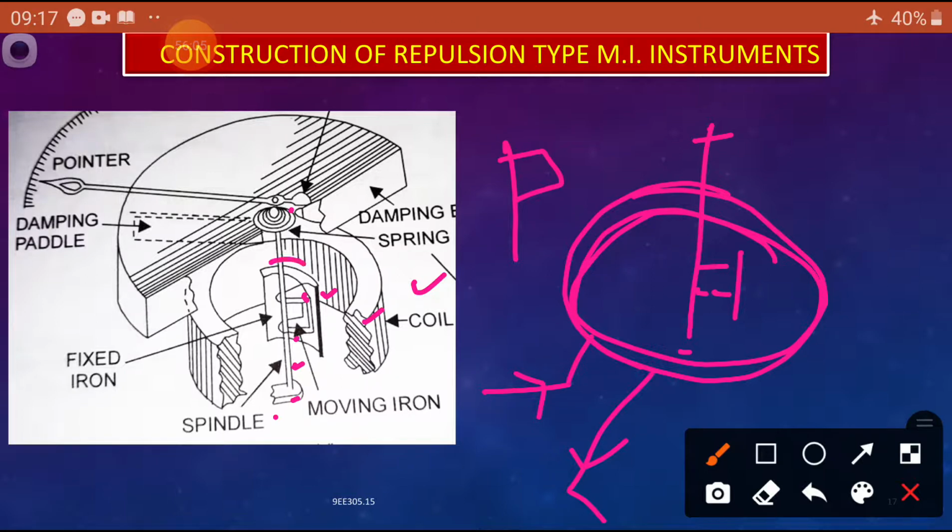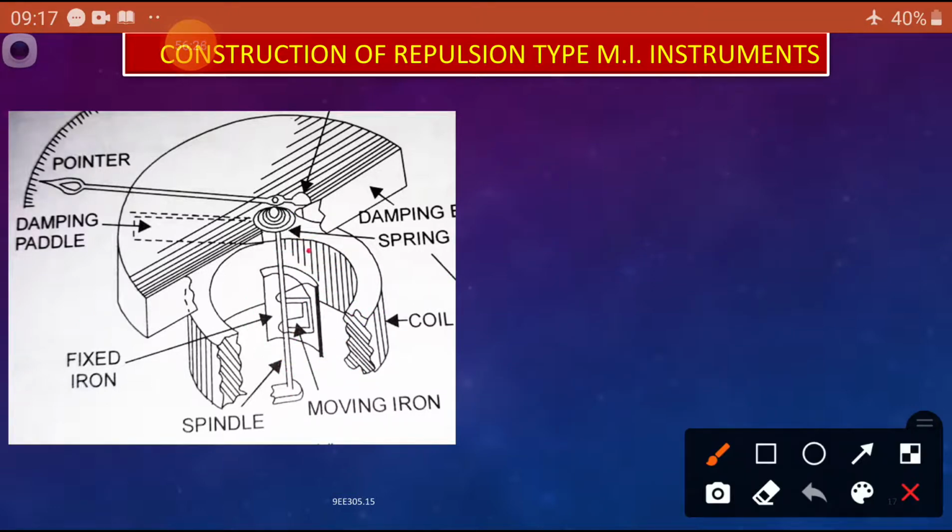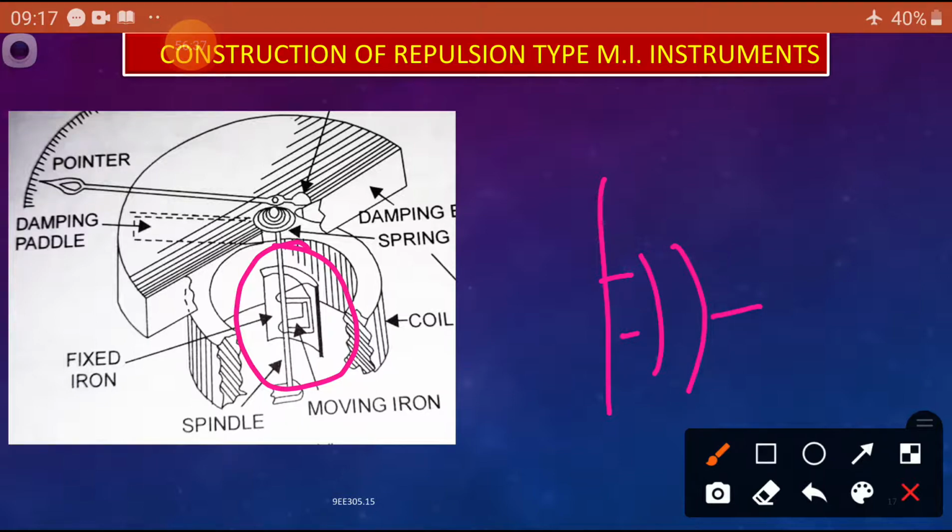Another iron piece is also provided, the fixed iron piece attached to the body. You can see the fixed iron and the spindle iron, the moving iron, placed side by side. There is a spindle with an iron piece, and another iron piece connected to the coil.